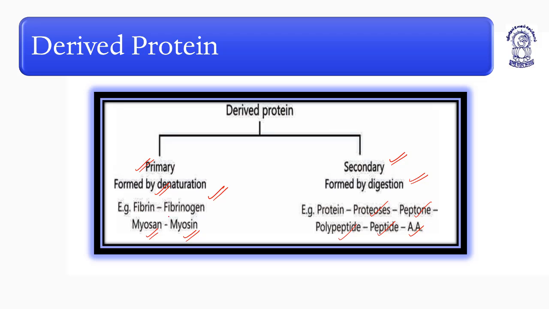I think this example is somewhat confusing and you don't need it. Fibrin gives fibrinogen, then it's okay. Then the secondary form by digestion is protein, proteoses, peptone, polypeptide, and peptides. All these are derived proteins.